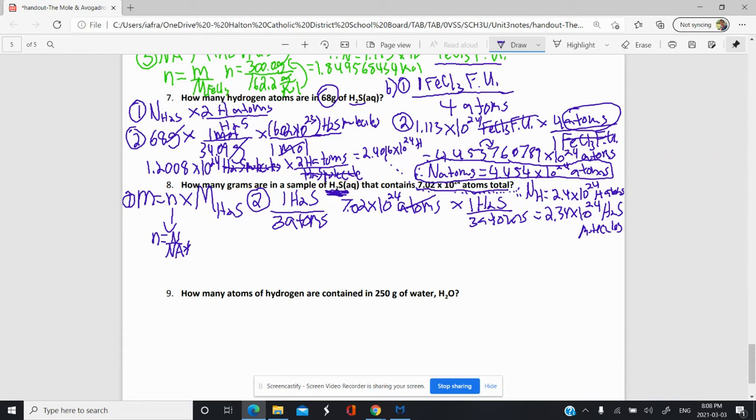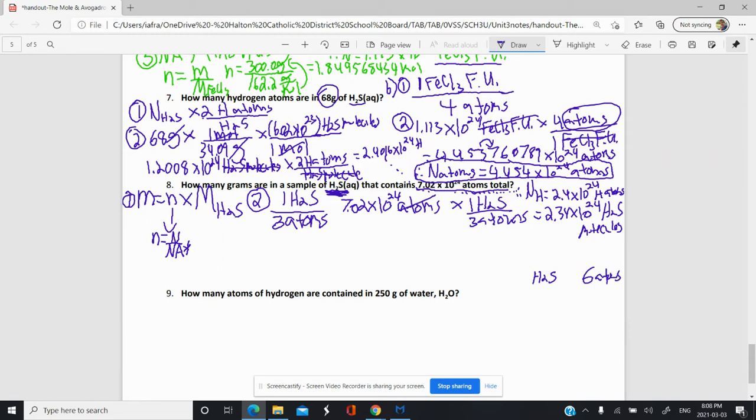And now that we have the number of molecules, we can go and find the number of moles. Now, just to be clear, I want to show why I did this. Suppose I said you had H2S, and I said that in that sample of H2S, there are a total of 6 atoms.